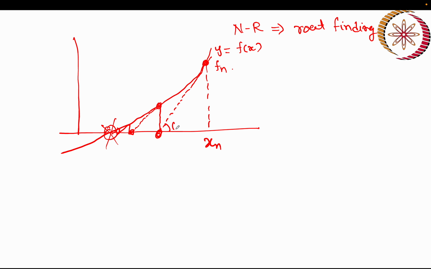So this is, let's say, the theta angle. So tan theta is the derivative of this function at xn, or f dash n. And if you see this triangle, let's say this ABC triangle, in the ABC triangle tan theta is nothing but BC by AB.